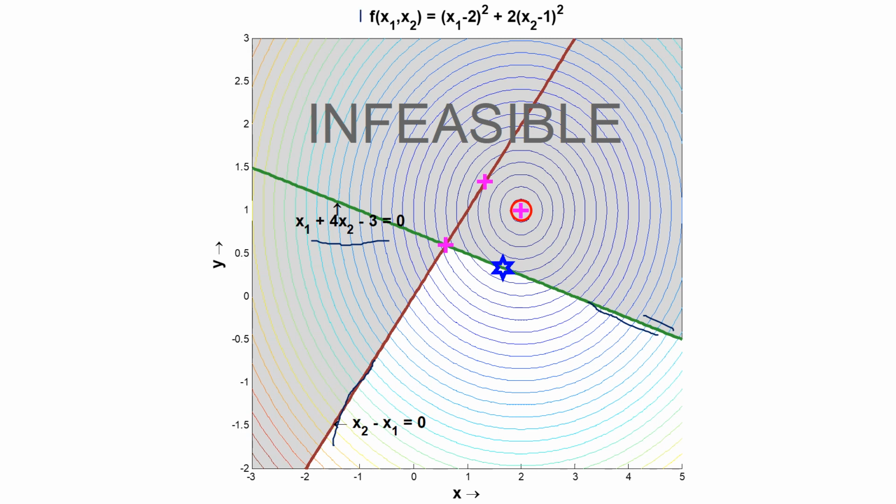The contours are those of the objective function f(x1, x2) equals (x1 minus 2) squared plus 2 times (x2 minus 1) squared. This is the x1 axis, and it says y here, but this is the x2 axis. The infeasible region is shaded gray, and the feasible region is white.